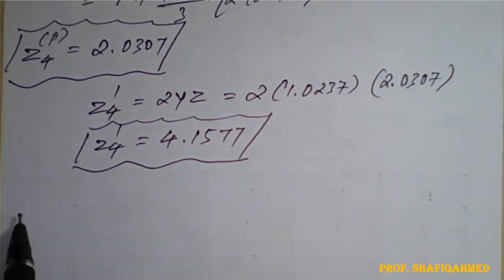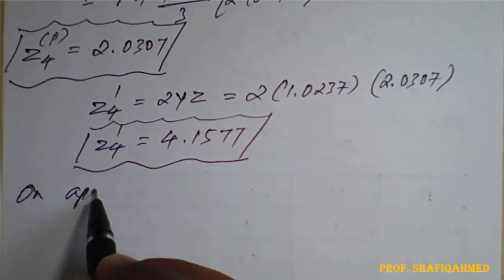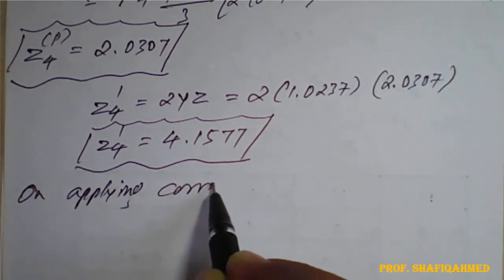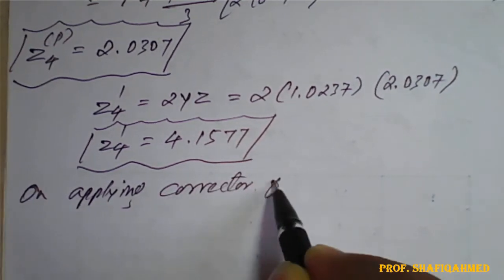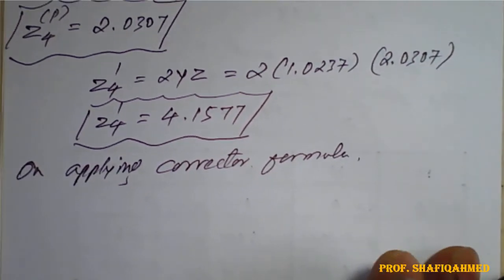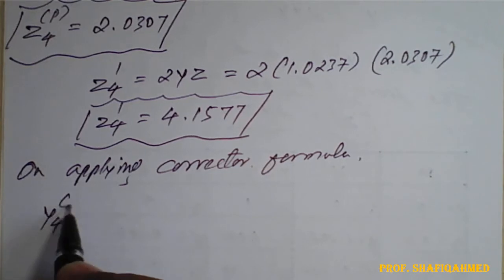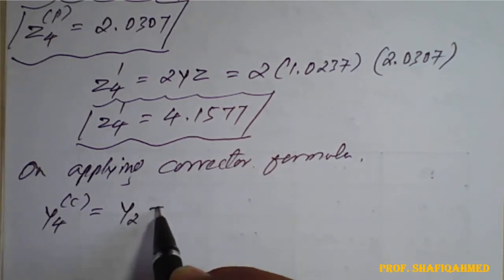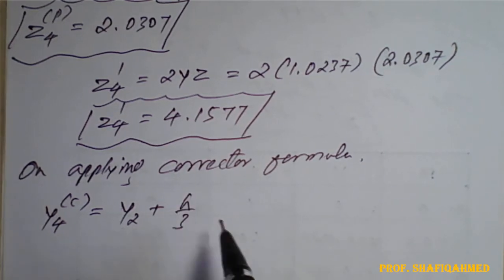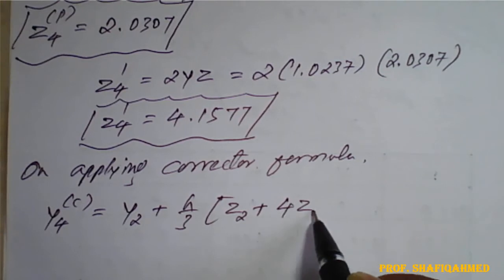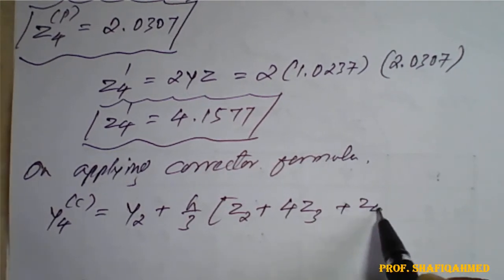With the help of this, we now apply the corrector formula. So on applying the corrector formula, y4 of c is equal to, the formula is y2 plus h upon 3 into z2 plus 4 times z3 plus z4.